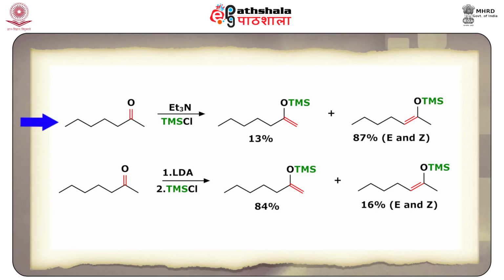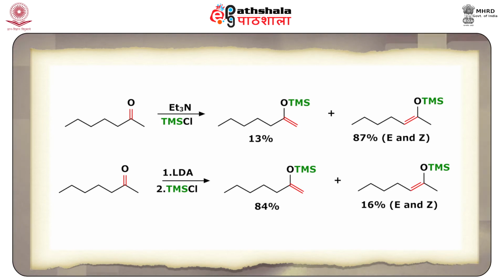So, you can clearly see from these equations that in the first case you are getting 87% of this E and Z, and in the other case the reversal of the product is formed. So, you can see this difference in these two equations clearly.